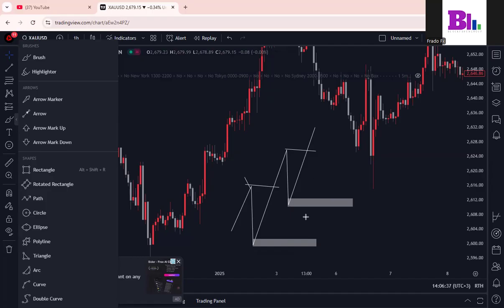So here, what is mitigation then? Mitigation is this process here. It is the process where the market now comes back to that order block and it keeps going up. So if you find this kind of scenario, this is what we call mitigation. I'm going to show you in the chart, okay?